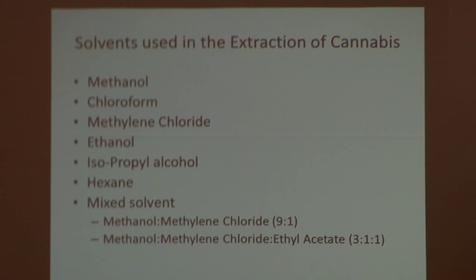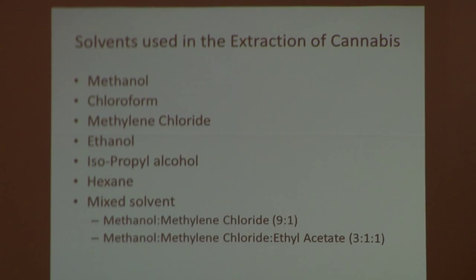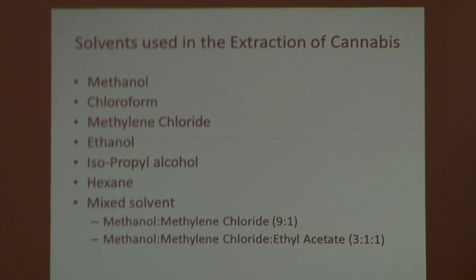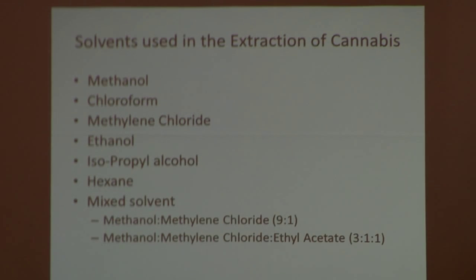Isopropyl alcohol is a very common single solvent. There are several mixed solvents that have been used in history. One is methylene chloride and methanol, with a 9-to-1 ratio, methanol being the highest component. That's been used for many years. There's another one that I prefer.